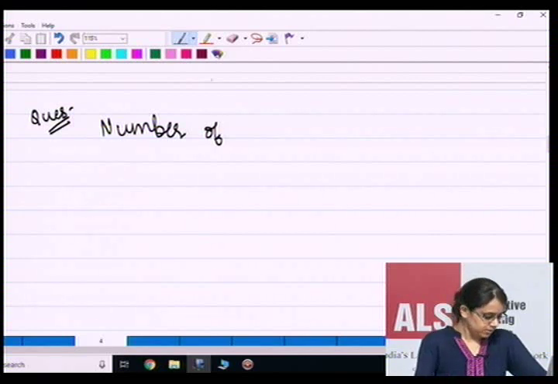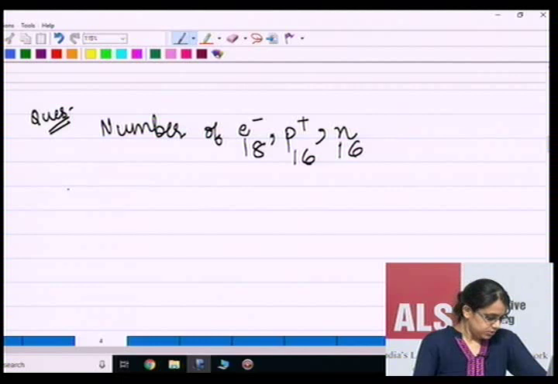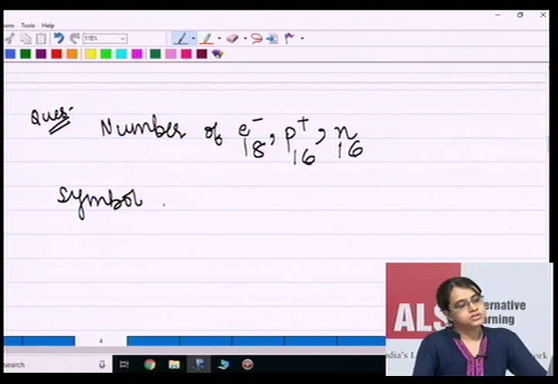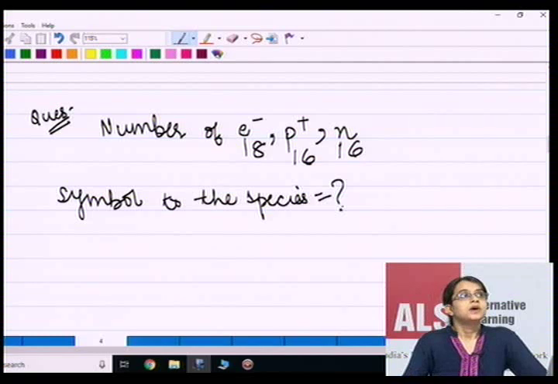You are given the number of electrons, protons and neutrons in a species is equal to 18, 16 and 16. You have to assign a proper symbol to the species. How will you write down this species?